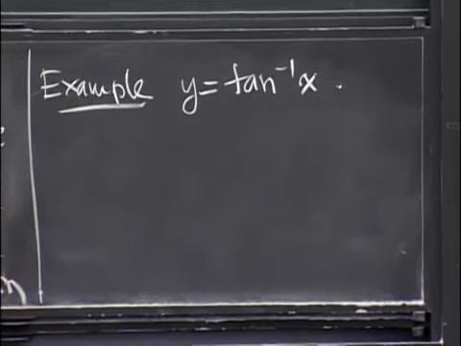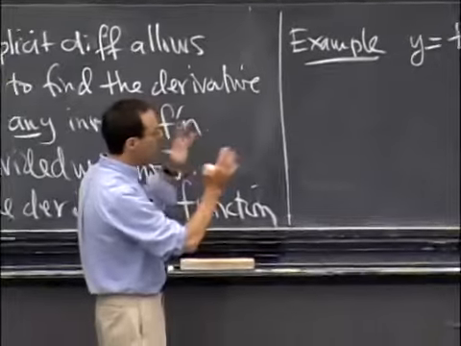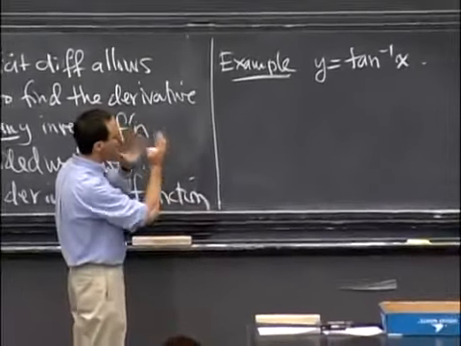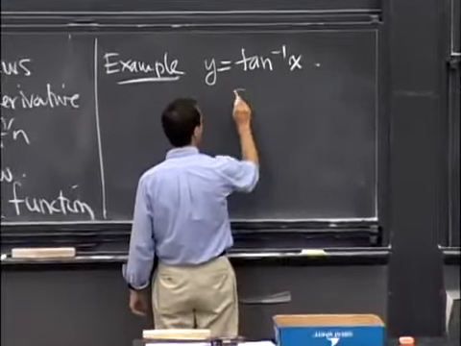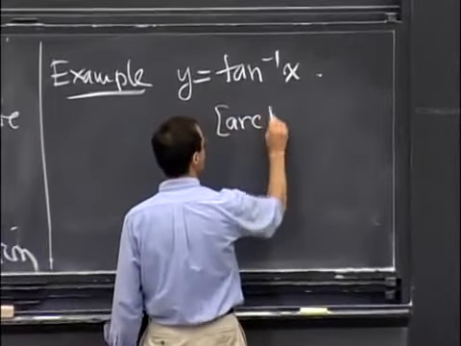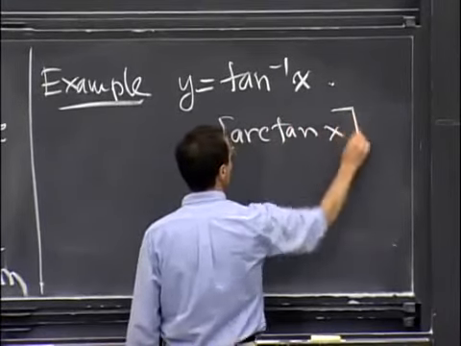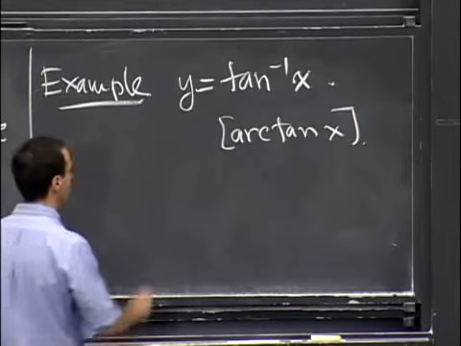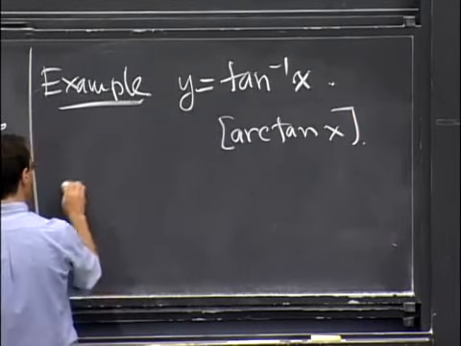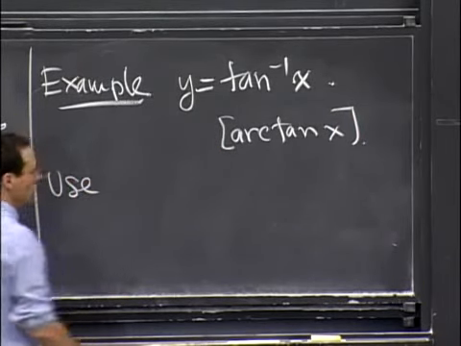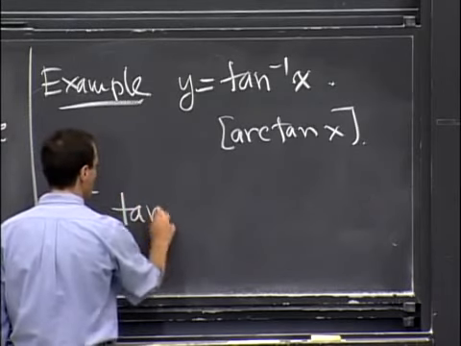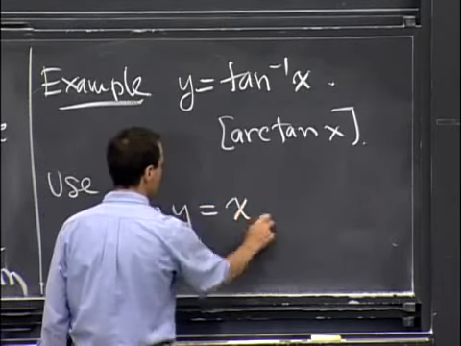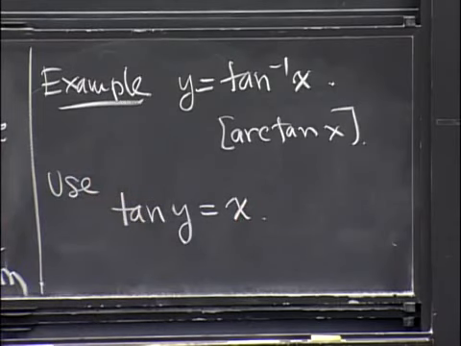all of the things that we're going to do are going to be based on simplifying this equation by taking the tangent of both sides. So let me remind you, by the way, the inverse tangent is what's also known as arctangent of x. That's just another notation for the same thing. And what we're going to use to describe this function is the equation tan y is equal to x. That's what happens when you take the tangent of this function.